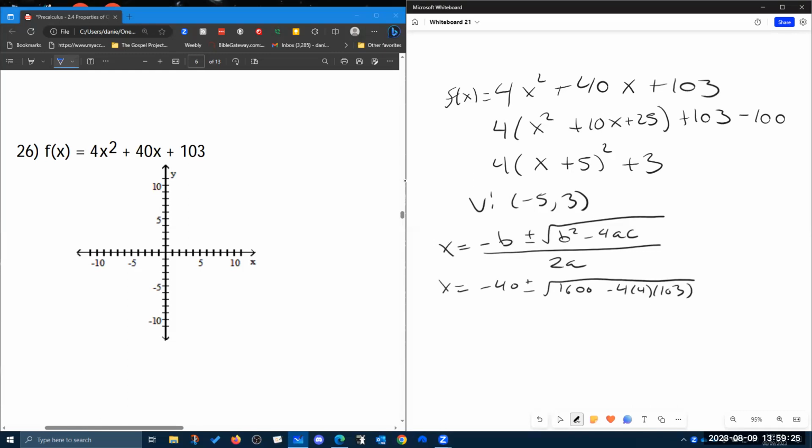We're going to get a number bigger than 1600 there. So there's no real solution, no real x-intercepts, no real zeros, excuse me. So there's no x-intercepts.